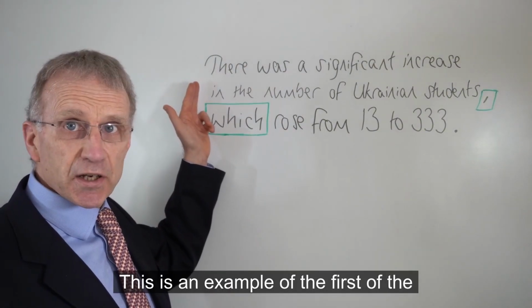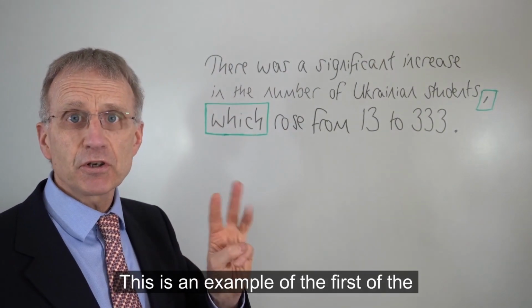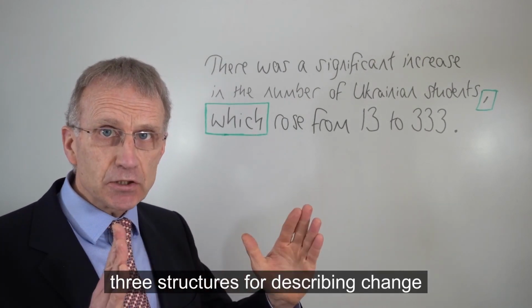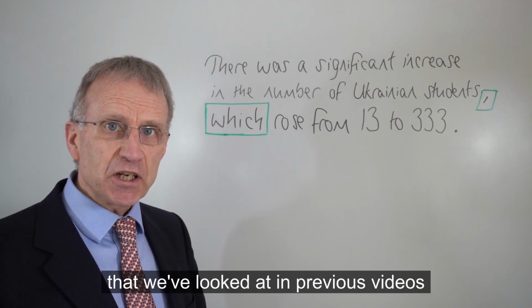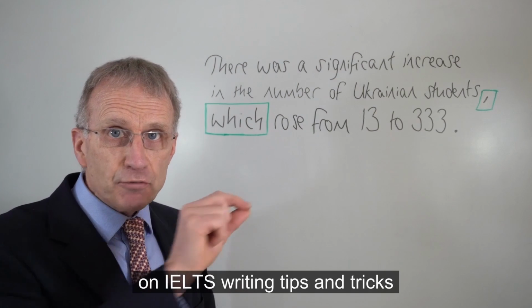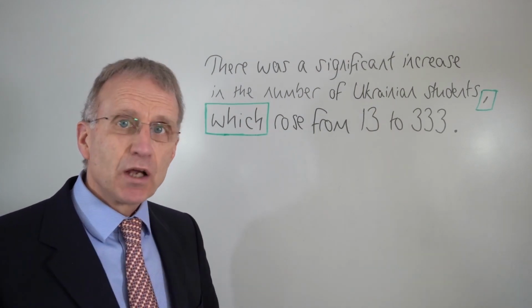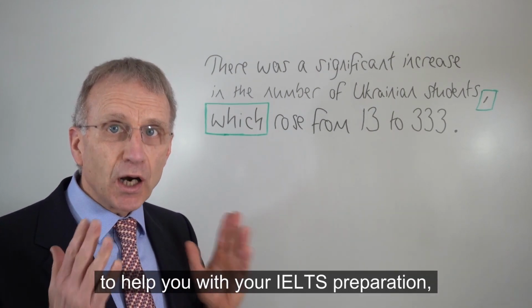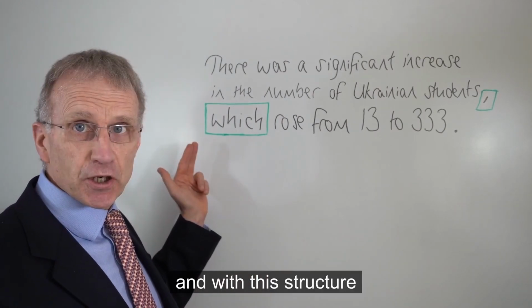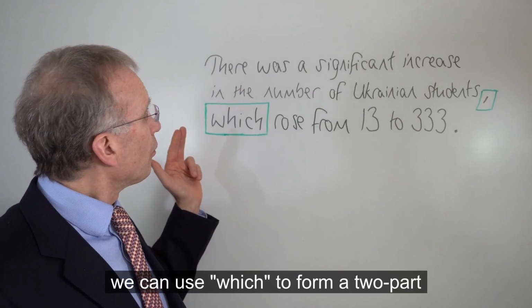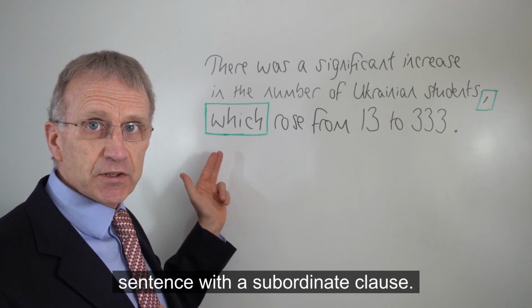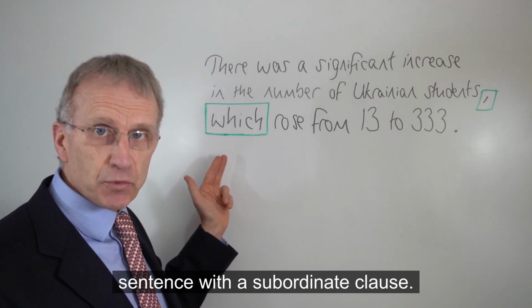This is an example of the first of the 3 structures for describing change that we've looked at in previous videos on IELTS writing tips and tricks to help you with your IELTS preparation. And with this structure, we can use which to form a 2-part sentence with a subordinate clause.